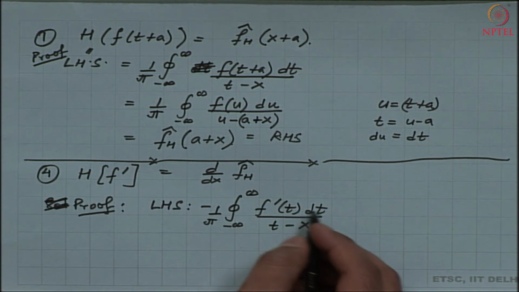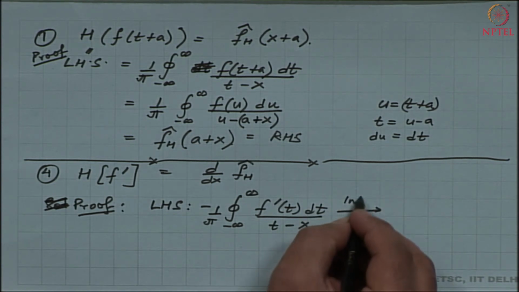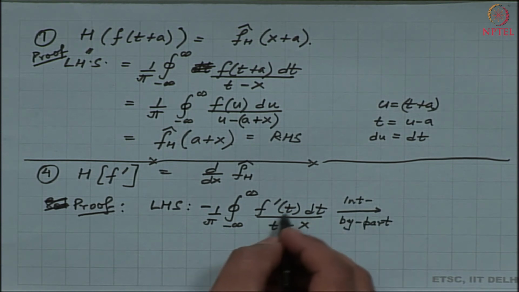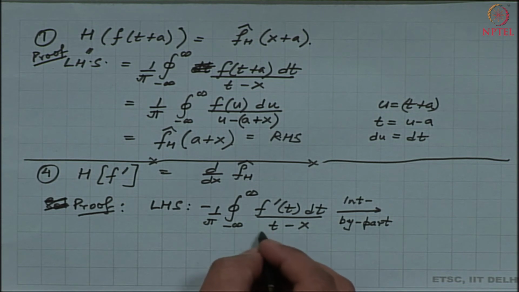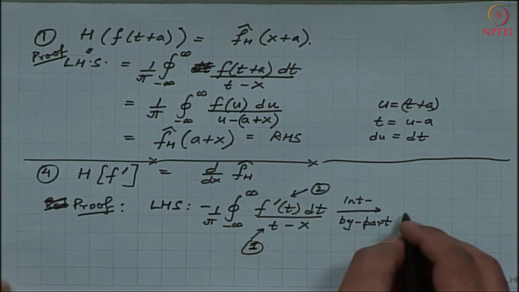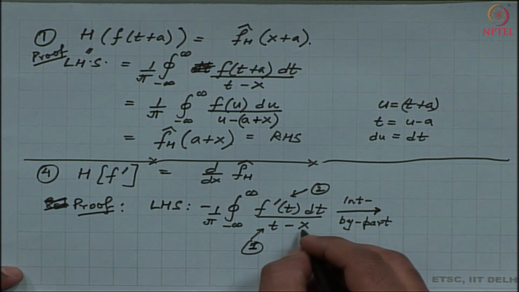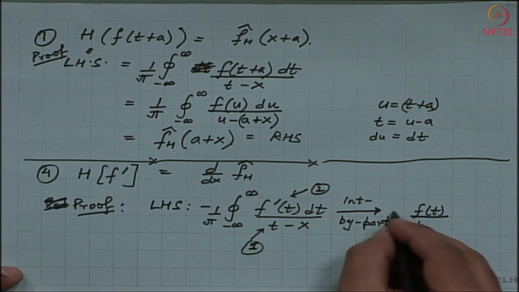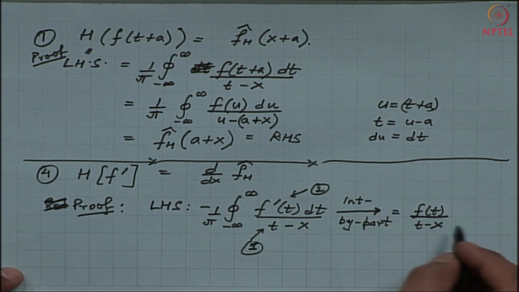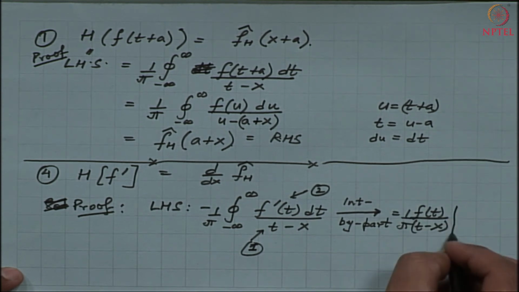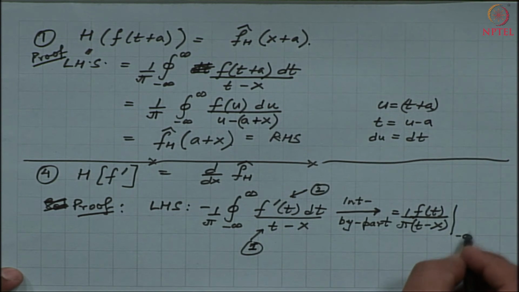Now, I am going to use integration by parts. In particular, I am going to use this as my first function and this as my second function: first function times integral of second. Let me take the 1 by pi out, and I put the limits from minus infinity to infinity.